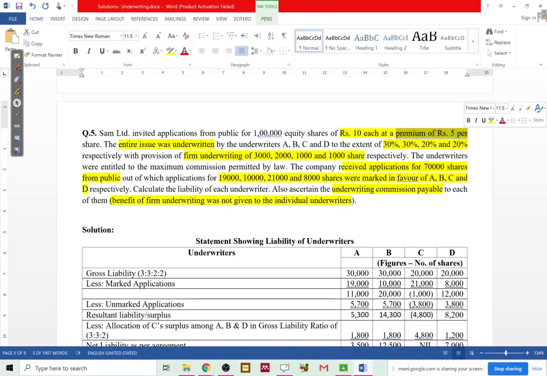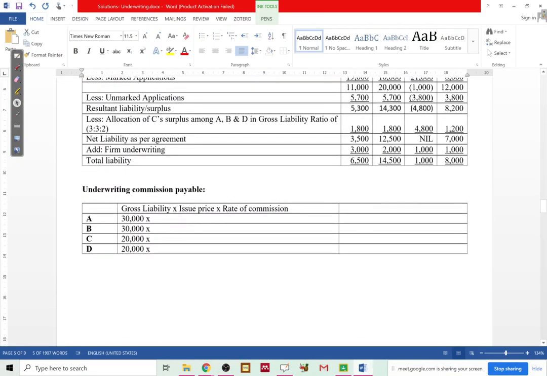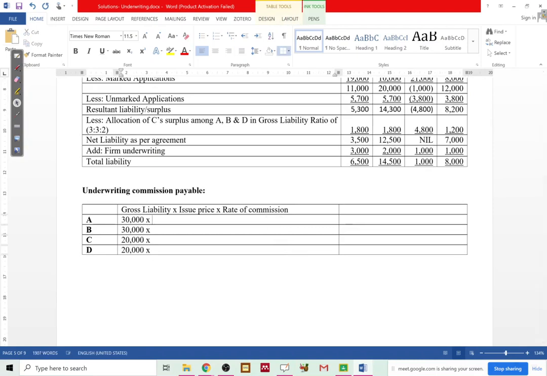So issue price 15. Don't take 10, which is the face value, because when they issued it at a premium they added another 5 rupees to it.